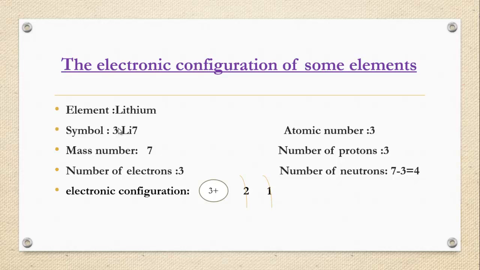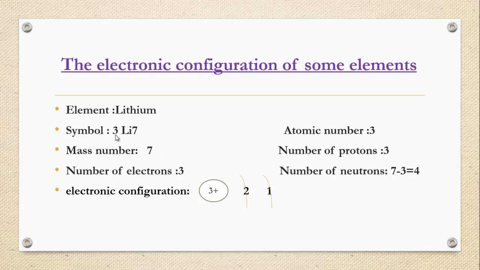What about this number? 3 is written below the element on the left side. This number is called the number of protons or the atomic number.